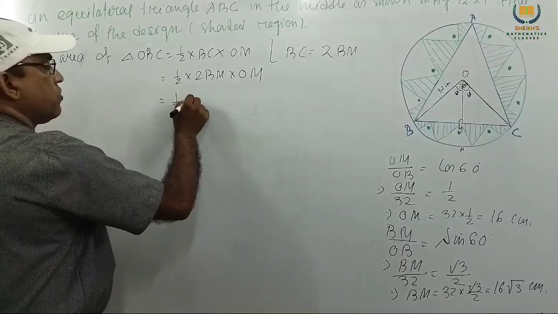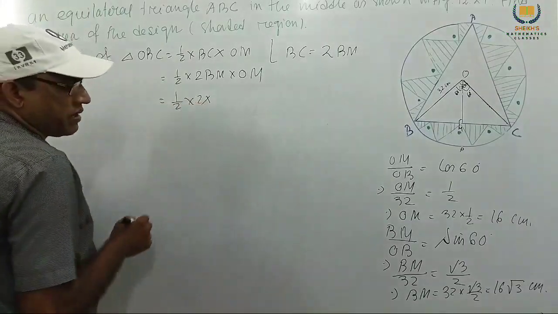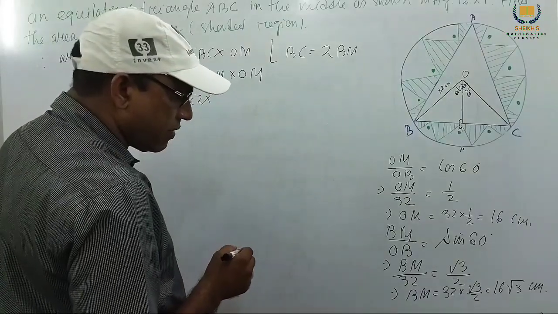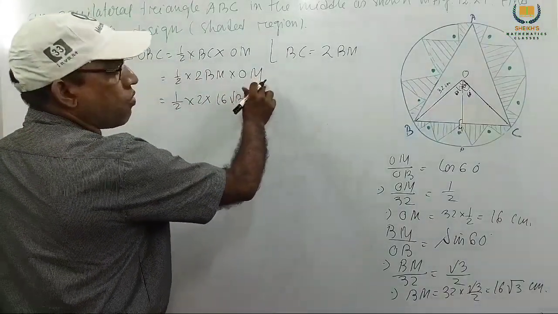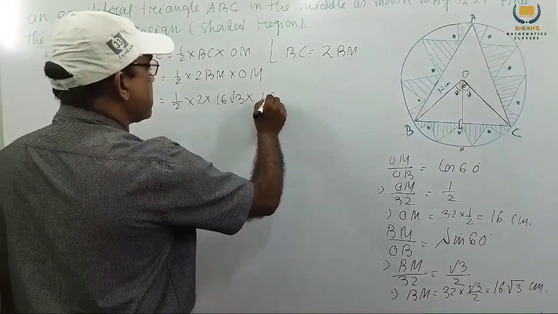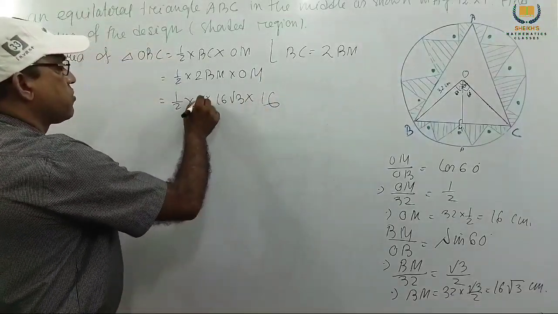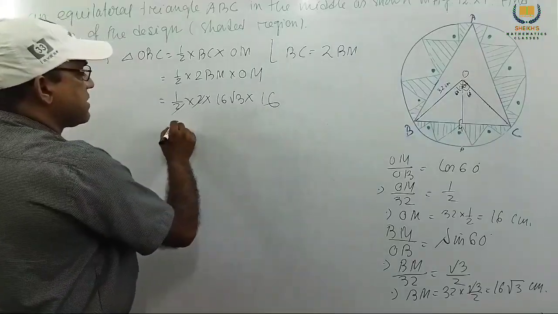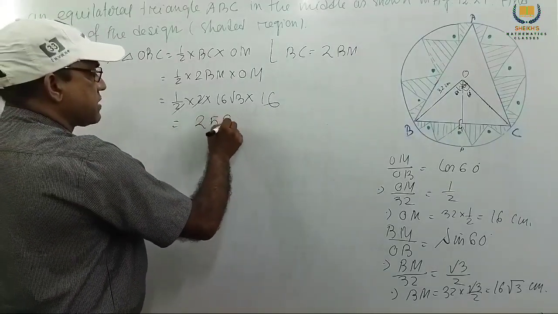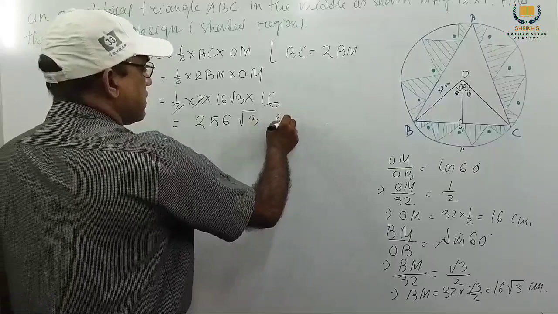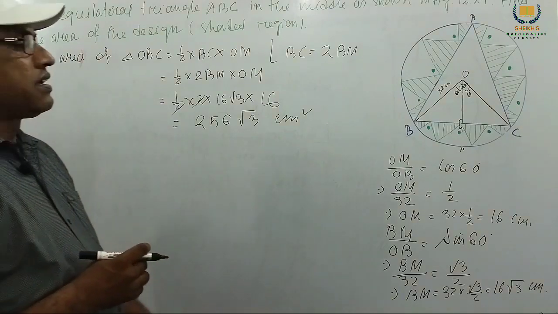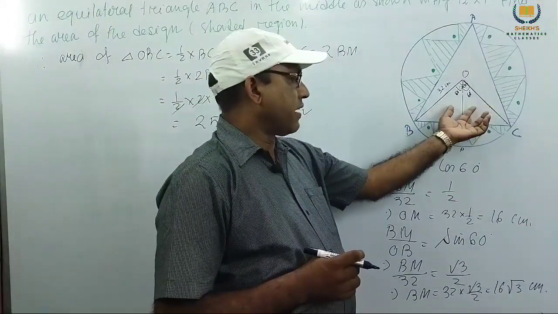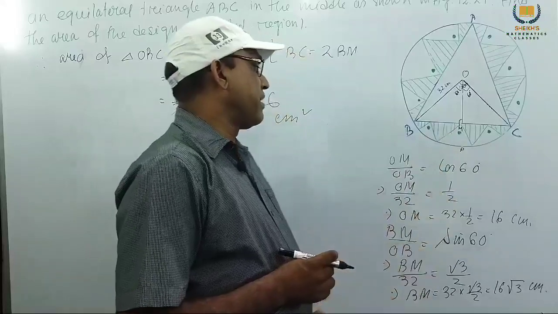BM is 16√3 and OM is 16. So the 2 cancels and we get 256√3 centimeter square. This is the area of the triangle. Now we want to find the segment area.